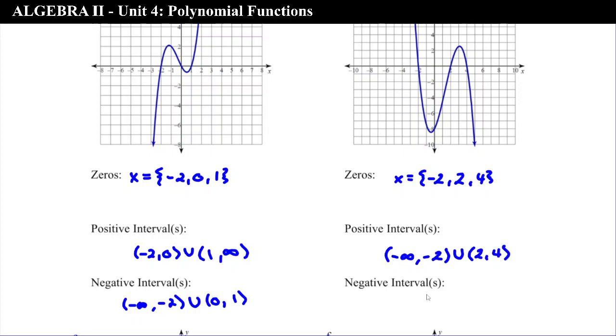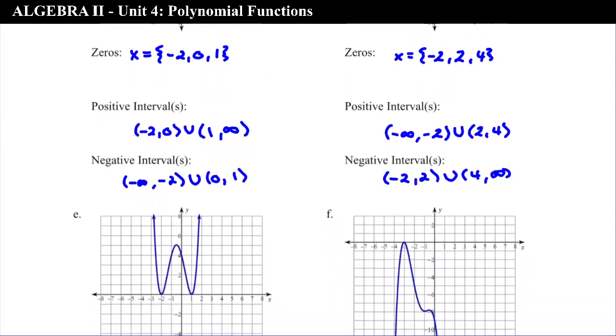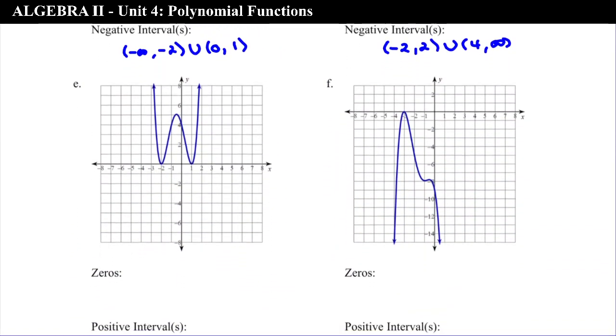Remember, we always use x values for intervals, except for when we're talking about range. All right, negative intervals are going to be where we're not positive, so -2 to 2, union with 4 to infinity. Okay, let's go on down to the next two examples.